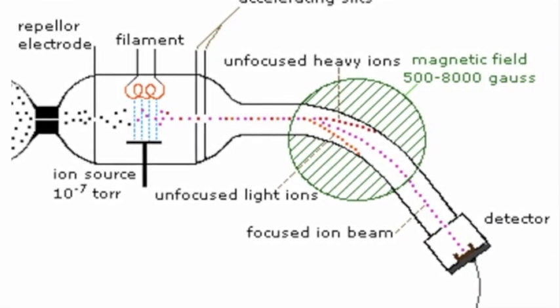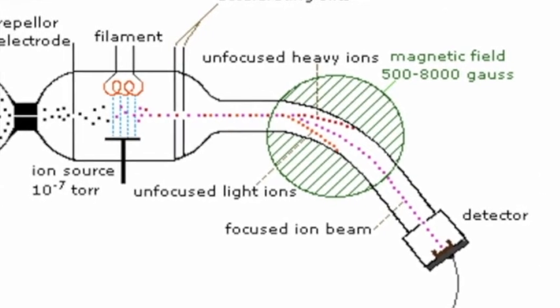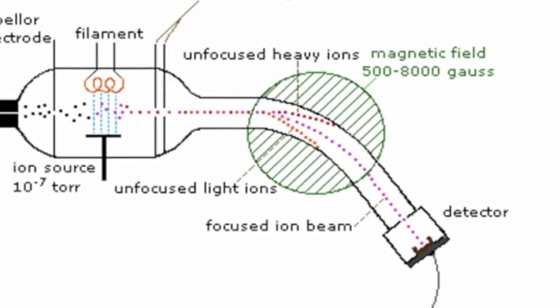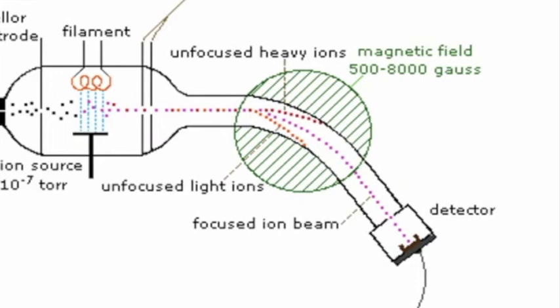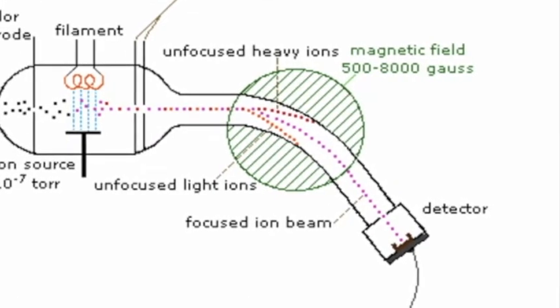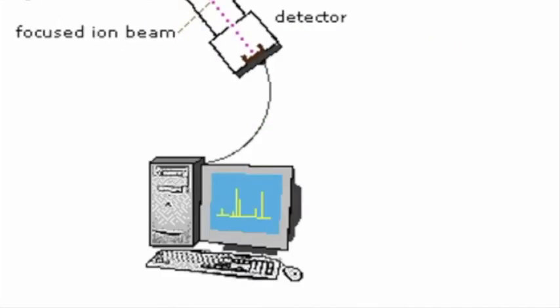How much it deflects it depends on the charge and the mass of the ion. Heavier things deflect less than lighter ones. The ions are detected, and a graph of the relative number of ions generated versus their mass-to-charge ratio is made. We call this a mass spectrum.